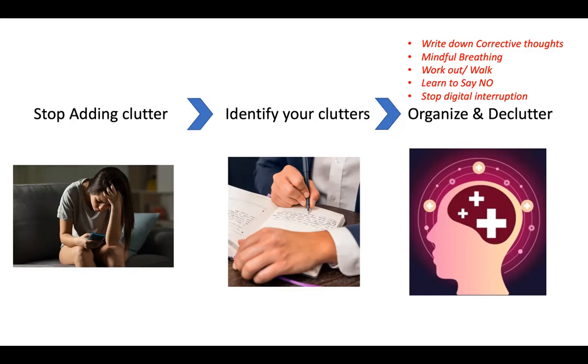Then it is time to write down the corrective thought you need to have. This is very important. After you identify the problem, you just have to look for the solution, the corrective thoughts. Let's take an example. You have a work colleague who is giving you a hard time and you are not getting on well, or your boss is giving you a hard time, or whatever that is.